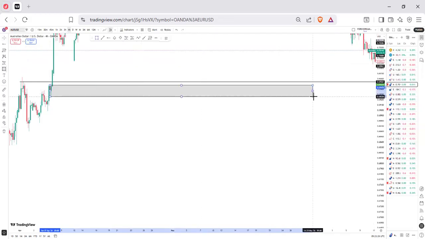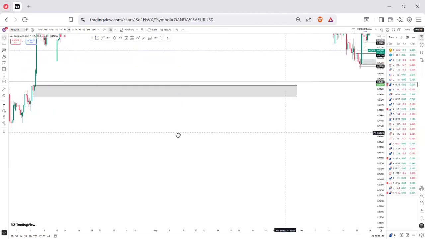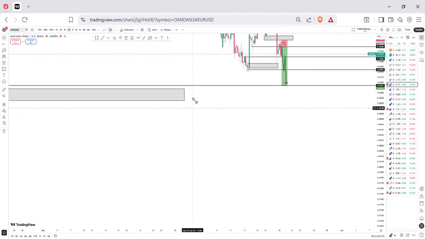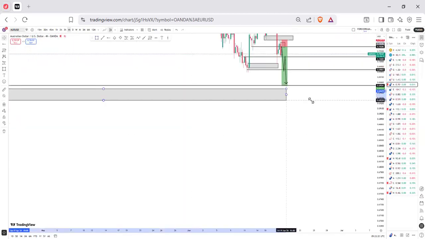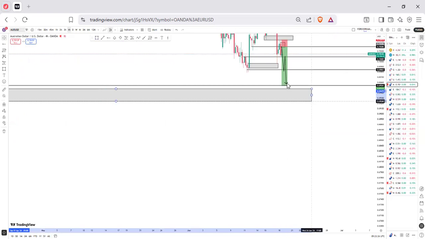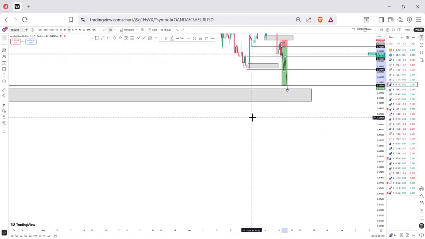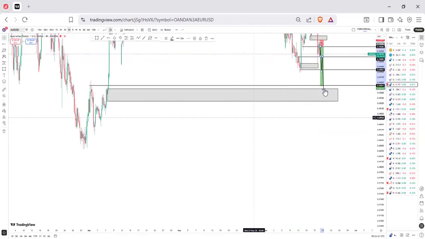Let's extend the continuation pattern to the right-hand side. So the chances of them penetrating the support is very high because of the continuation pattern. And if the market goes back up, it will come down and break this one and go down.